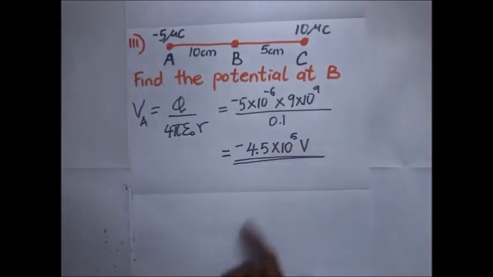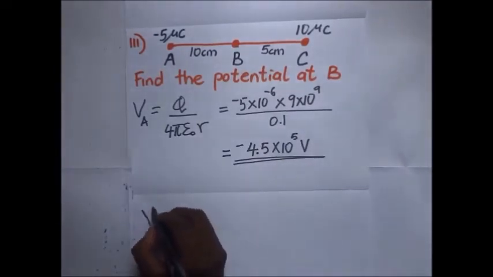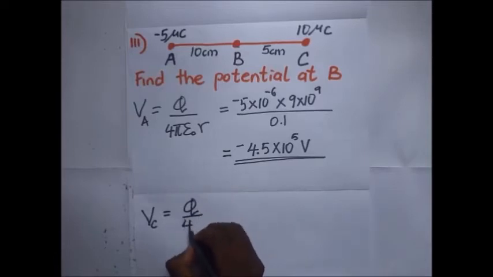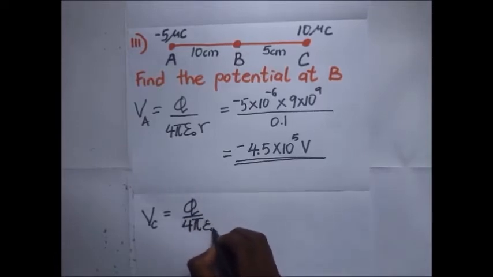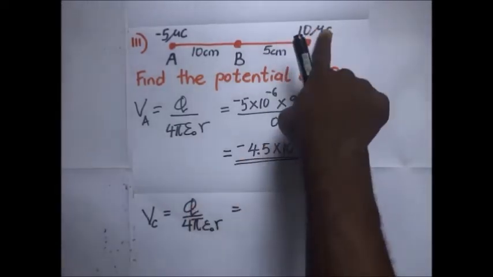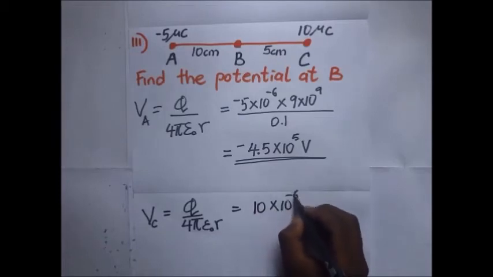volts. So let's find the potential at C due to B. So VC is going to be Q over 4 pi epsilon naught times R. That is going to be Q, which is 10 microcoulombs. So it is 10 times 10 to the power negative 6 coulombs.